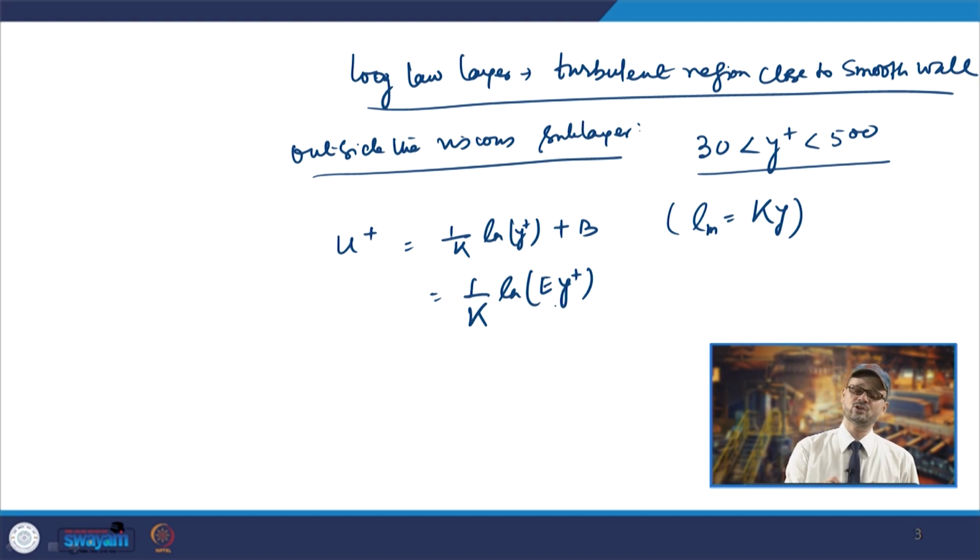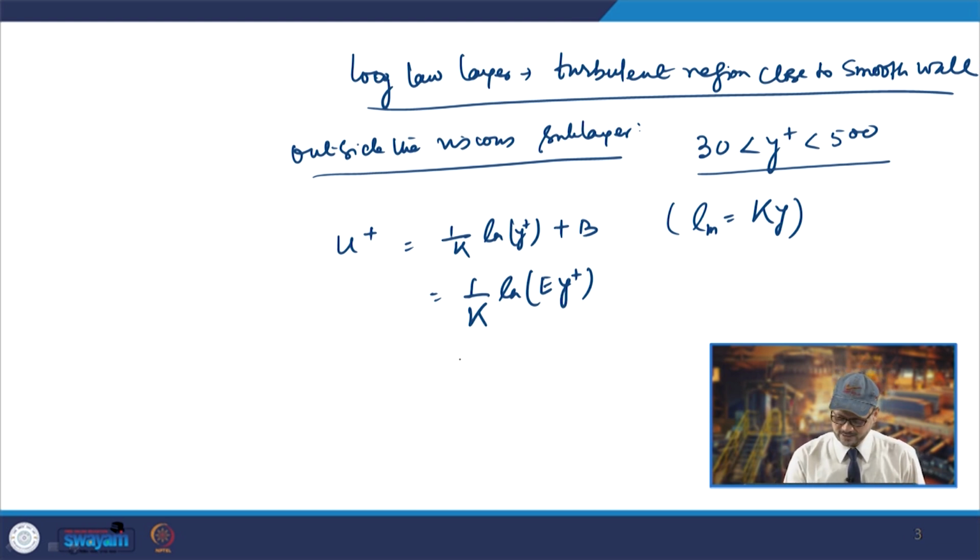Basically because this is a logarithmic function, in that u plus and y plus vary in a logarithmic manner, that is why we call it a log law layer. And in this case people have done the experiments, and the numerical value of this kappa is taken to be about 0.4, and b is taken to be 5.5, or E is taken as 9.8.